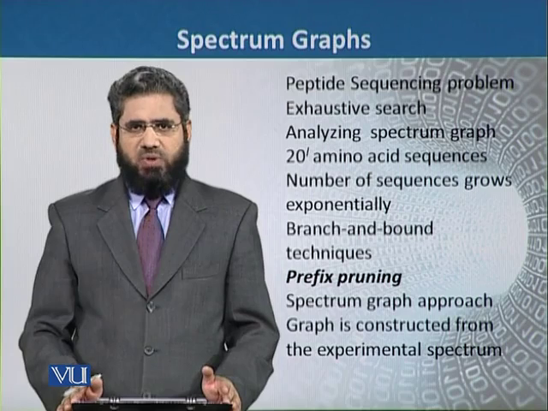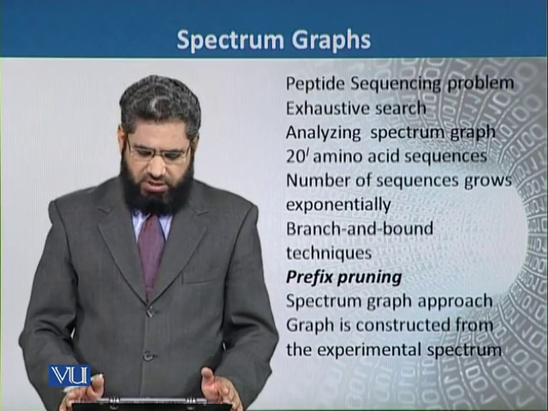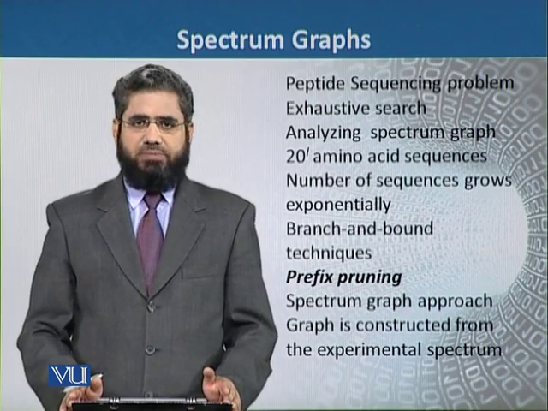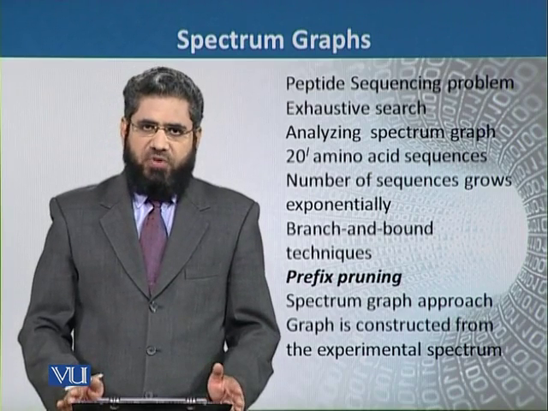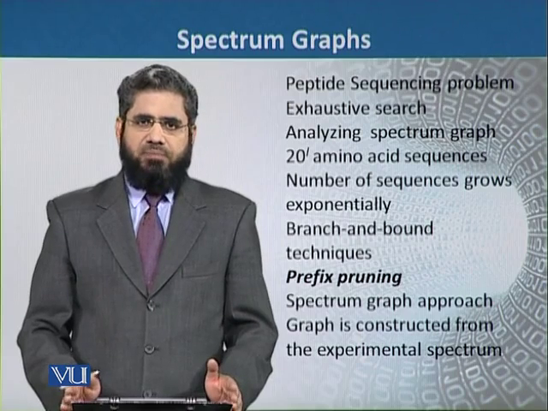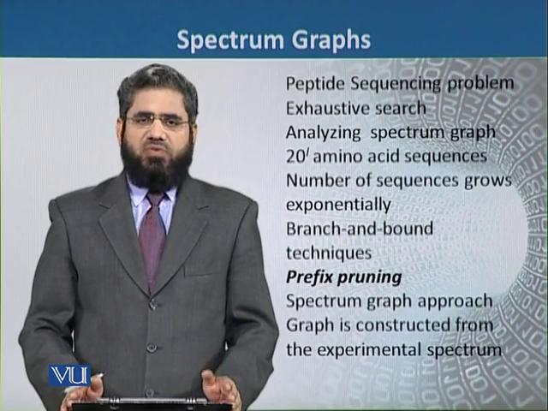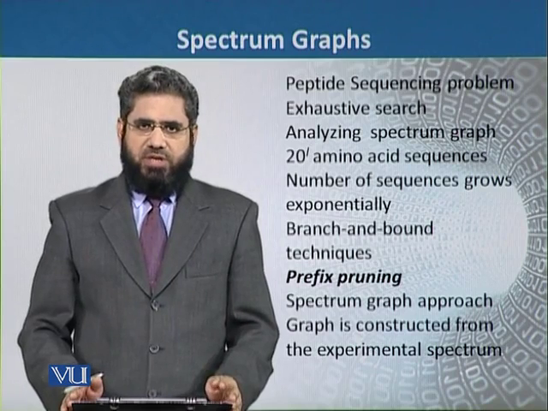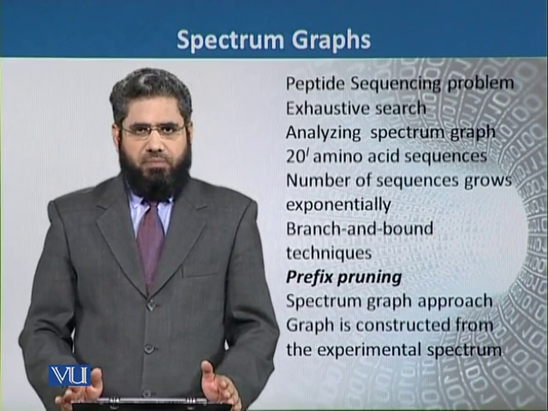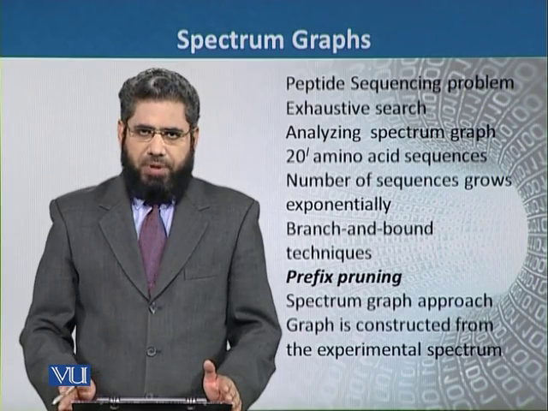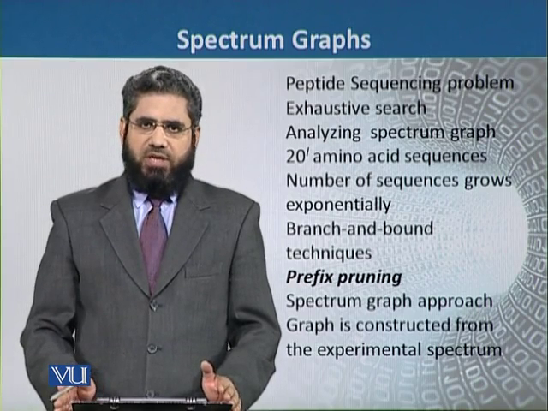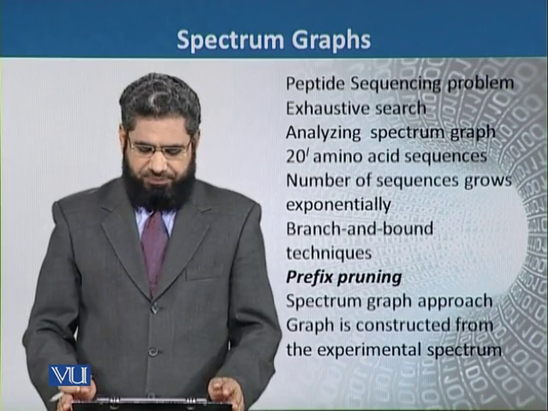To overcome this problem, a technique known as prefix pruning is used. In this technique, the prefix means the starting amino acids of the peptides, and they are considered. The sequence is used to find the theoretical and the practical peptides.